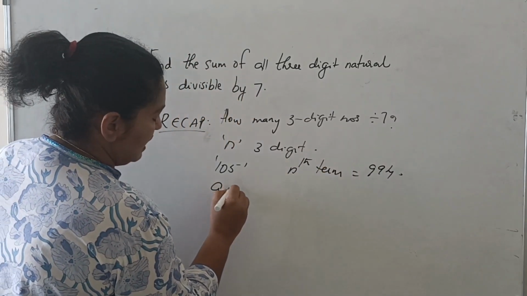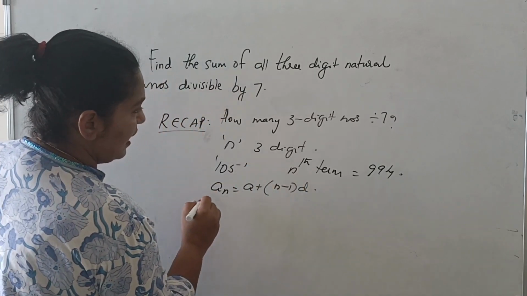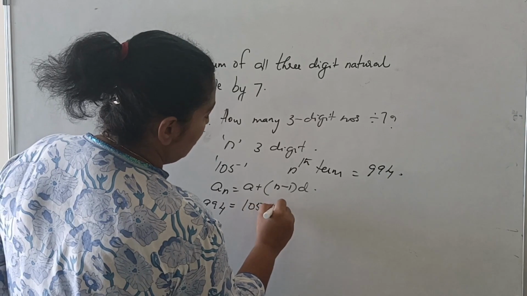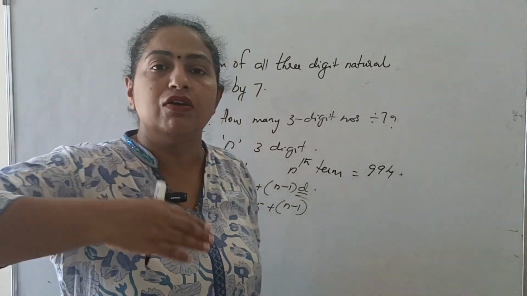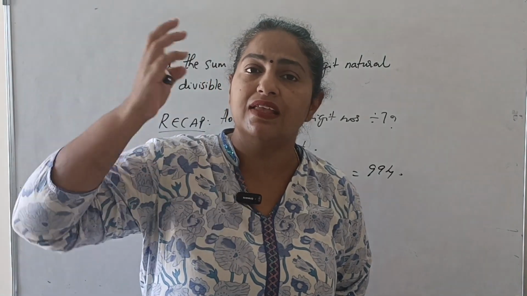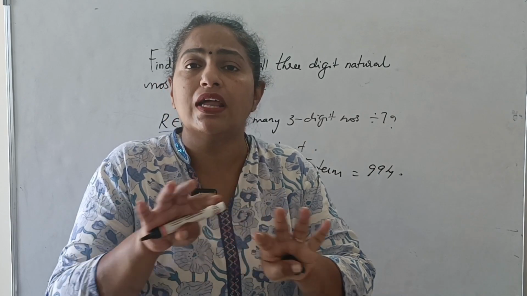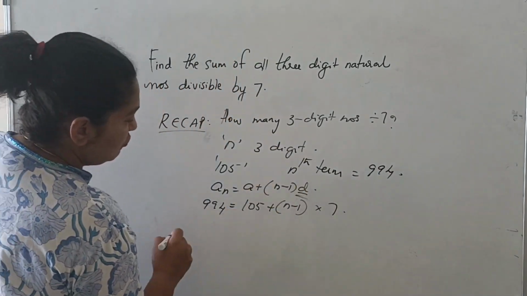Then we wrote the formula an is equal to a plus n minus 1 into d, and we get 994 is equal to 105 plus n minus 1 into 7. Here our common difference becomes 7 because the difference between the successive terms in this series will be 7, because all are numbers divisible by 7.